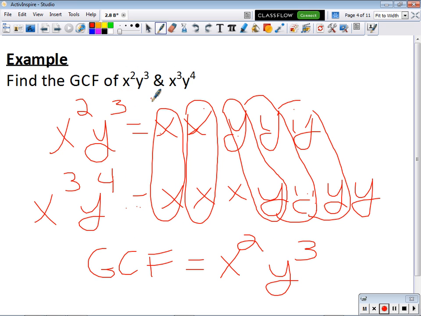The same thing here: if we're comparing x squared and x cubed, the GCF would be x squared, because that's the variable with the lower exponent. And when I have y cubed and y to the fourth, since y cubed is the lower exponent, that would be the answer that goes here. So that's the shortcut that saves you from having to write it all out and circle the pairs and all that kind of stuff.